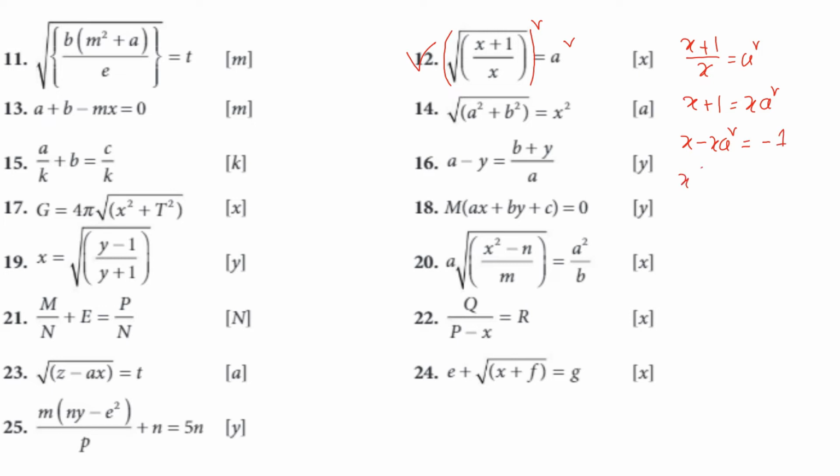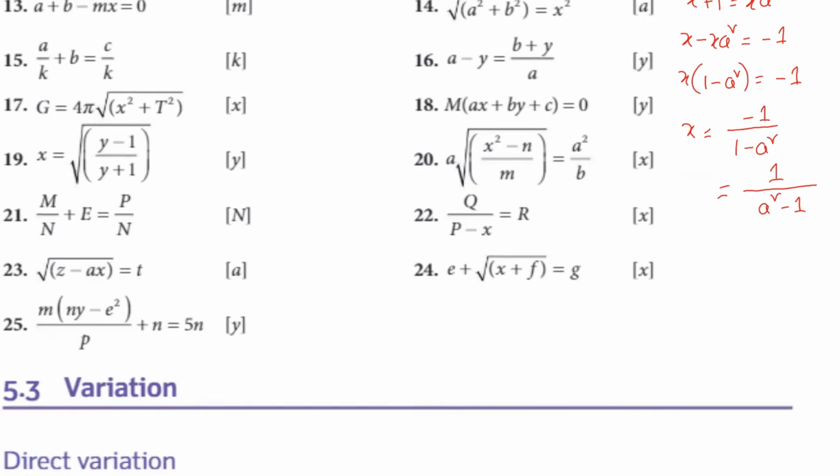If I take x common, it would be 1 minus a square times x equals minus 1. Then x equals, because we are going to make x the subject, minus 1 divided by 1 minus a square. We can leave our answer here, or we can write it like that, 1 by a square minus 1. We can take minus common and multiply it with the lower part. This is how we can make x the subject of that expression.